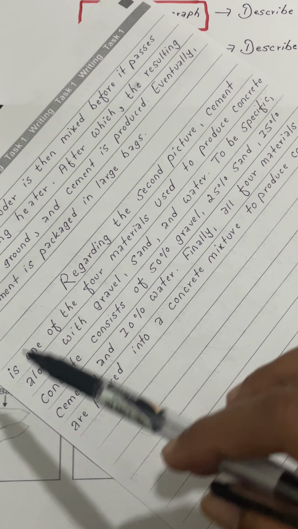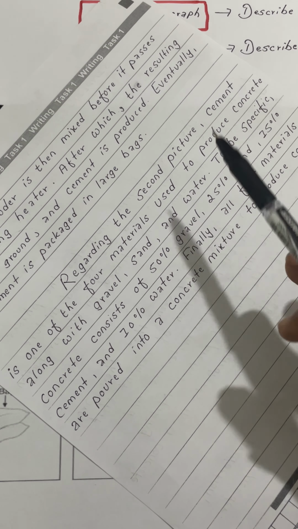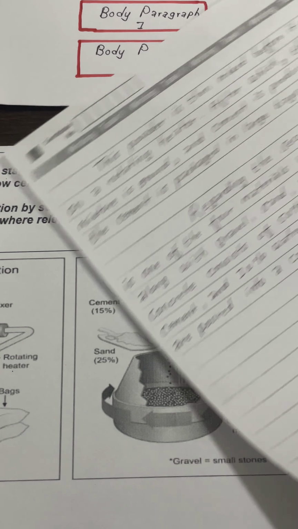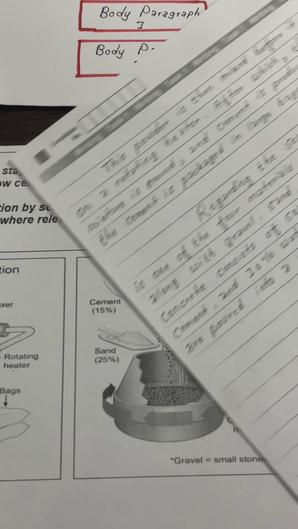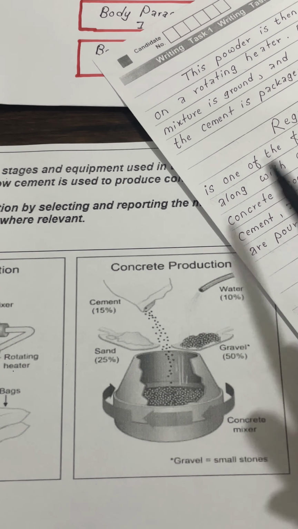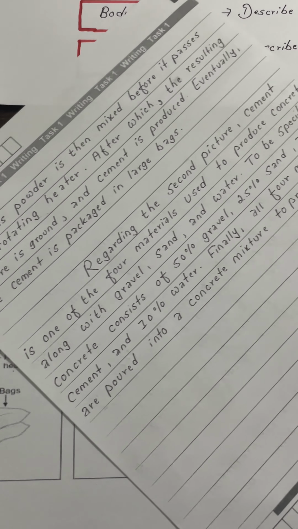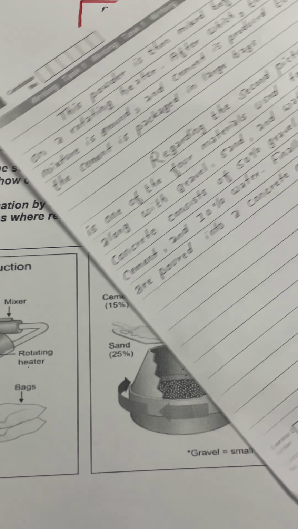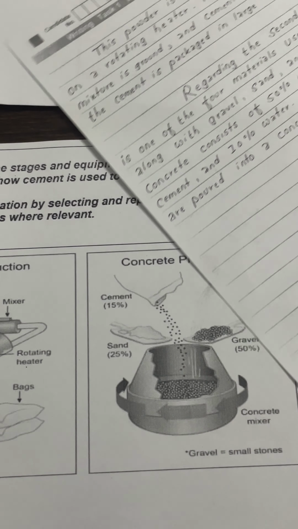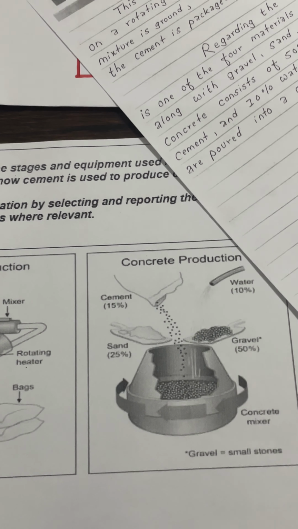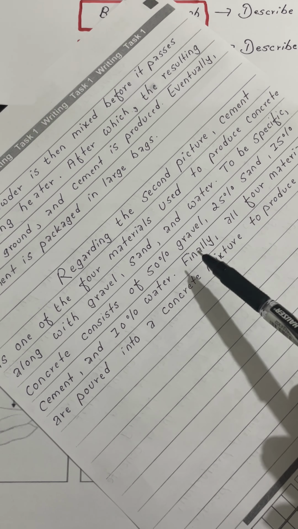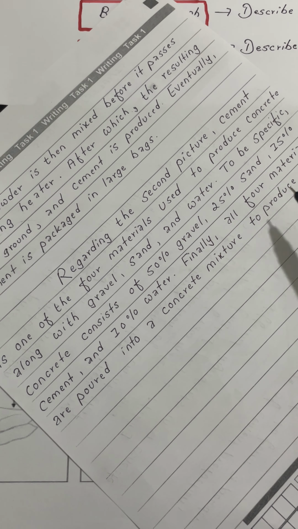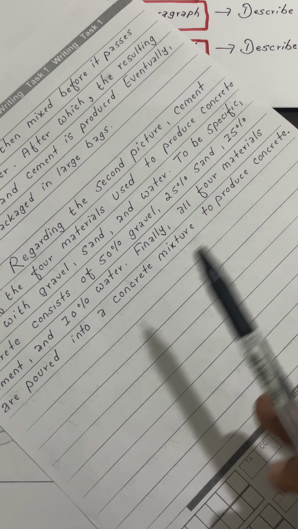To be specific, concrete consists of 50% gravel, you can see 50% gravel, 25% sand, 15% cement and 10% water. You can see 10% water. Finally, all four materials are poured into a concrete mixer to produce concrete.